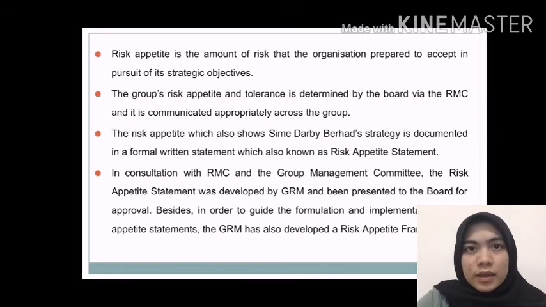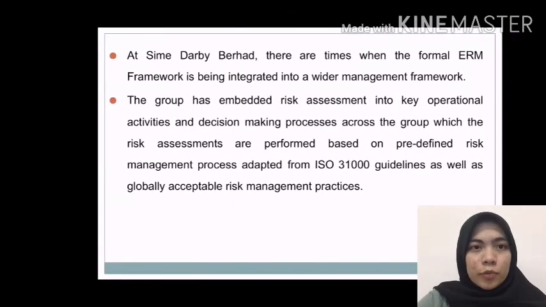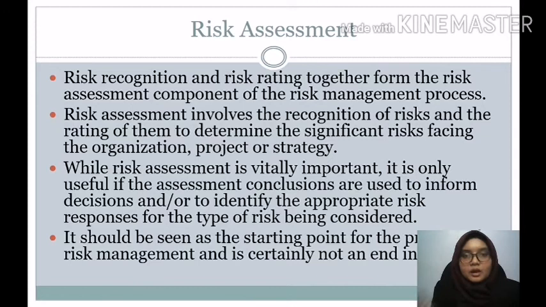Besides, in order to guide the formulation and implementation of the risk appetite statement, the GRM has also developed a risk appetite assessment framework. Risk identification, risk recognition, and also risk rating together form the risk assessment component of the risk management process. Risk assessment involves the recognition of risks and the rating of them to determine the significant risks facing the organization, project, or even strategy.